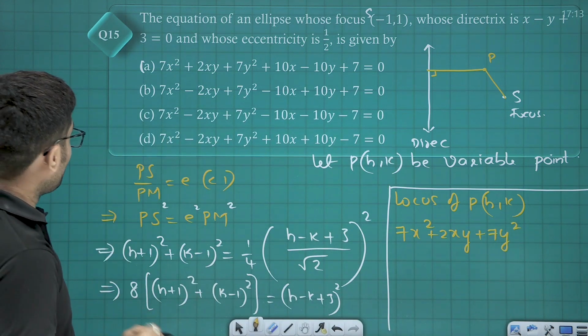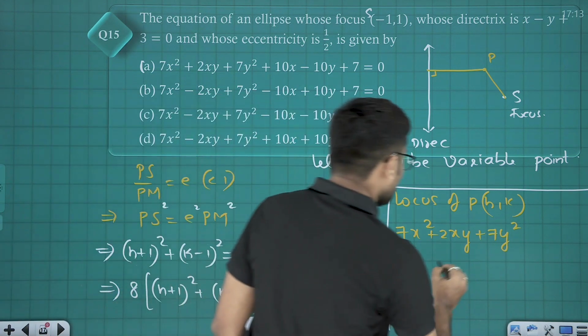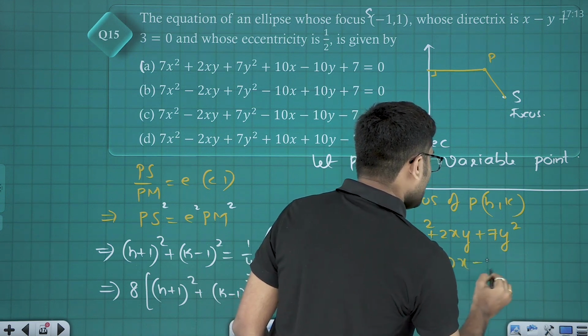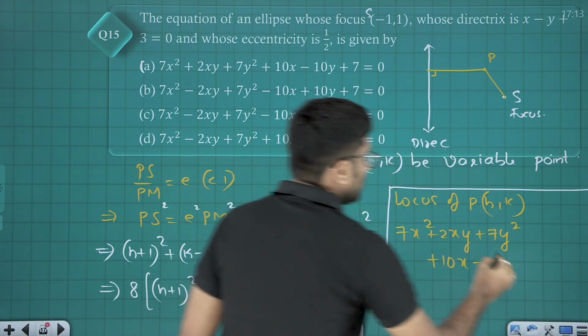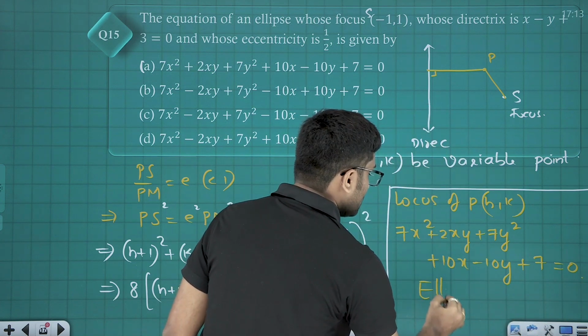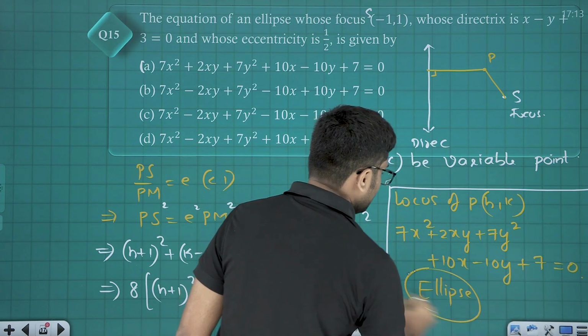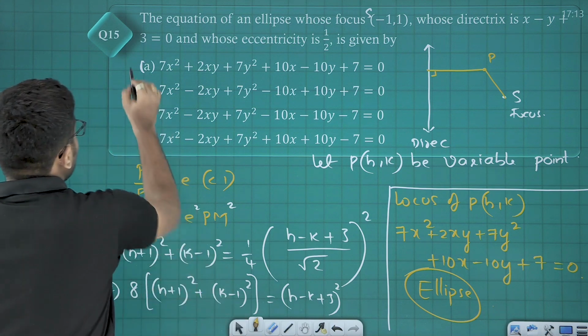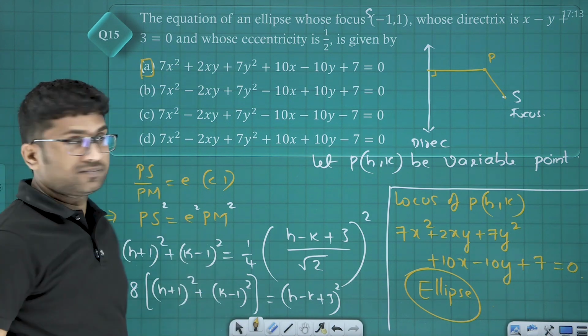So 7x square plus 2xy plus 7y square plus 10x minus 10y plus 7 is equal to 0 is the required equation of the ellipse, which is option A.